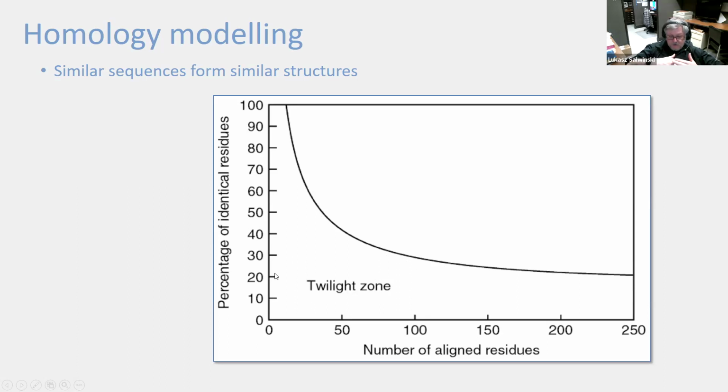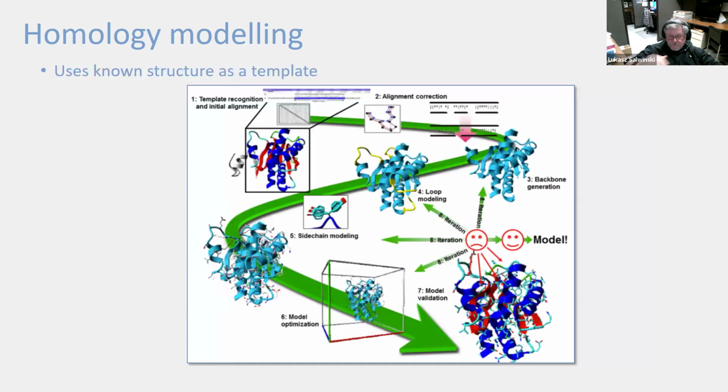If two proteins are about 25-30% identical in terms of sequence, their structures are most likely very similar. And this is the basis of so-called homology modeling, where you first look for proteins with known structures that are similar to your protein of interest. You end up, if you're lucky, with a collection of structures, each similar to the structure of the protein you're looking at.